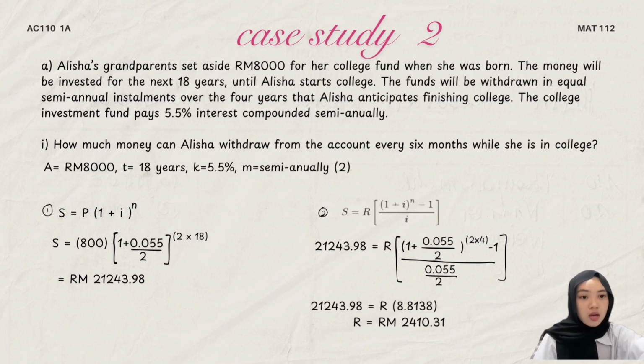So, after substituting all the information given in the formula, the equation will be 21,243.98 equal to R multiplied by ((1 plus 0.055 over 2) to the power of 2 multiplied by 4 minus 1) over 0.055 over 2. Then 21,243.98 equal to R multiplied by 8.8138. Then we will get the answer, which is 2,410 ringgit 31 cents.